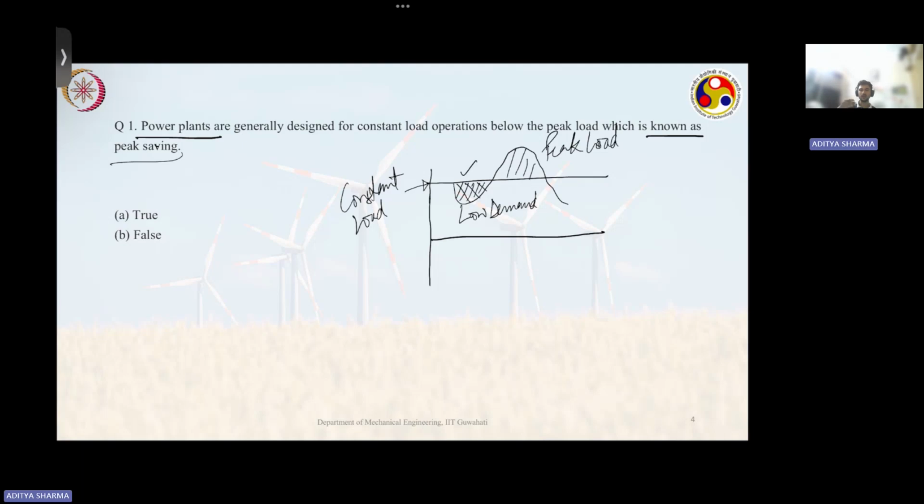In addition to that, at times you can save the energy, and when you have peak load, during that time you can release that energy, or use that energy. So this is a correct statement.